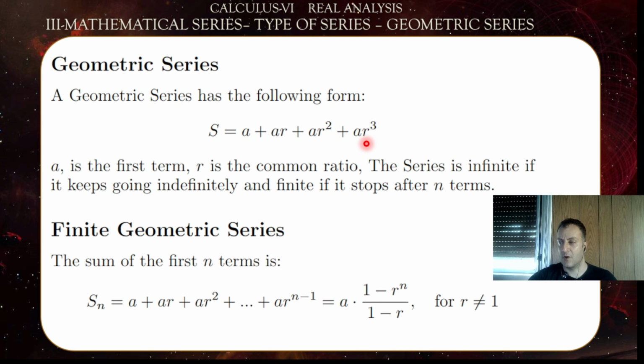That's why for r less than 1, that would be a finite series. And the sum itself would be equal to a times 1 minus r to the power of n divided by 1 minus r, or quite simply, it will become a divided by 1 minus r.